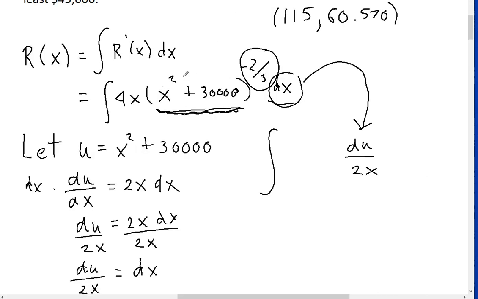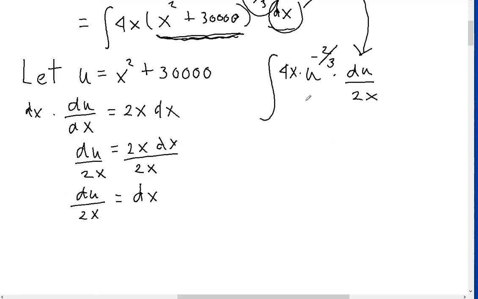Now this whole expression was u, so I've got u to the negative 2/3, but I don't have anything for 4x, so I'm going to leave the 4x here because I don't have any substituted value that I can put for that. Now this is all multiplication, okay? And look, 4x is in the numerator, 2x is in the denominator, okay? And so I can further reduce that.